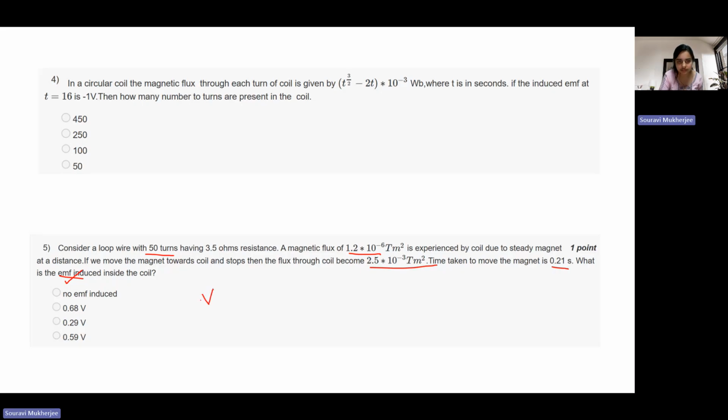Now if you're asked what is the current, then you use the resistance that is given here. If you know V, then you can find I as well. And then once you know the EMF and the resistance, you can find the current. So all these kinds of questions can be solved based on the same idea.